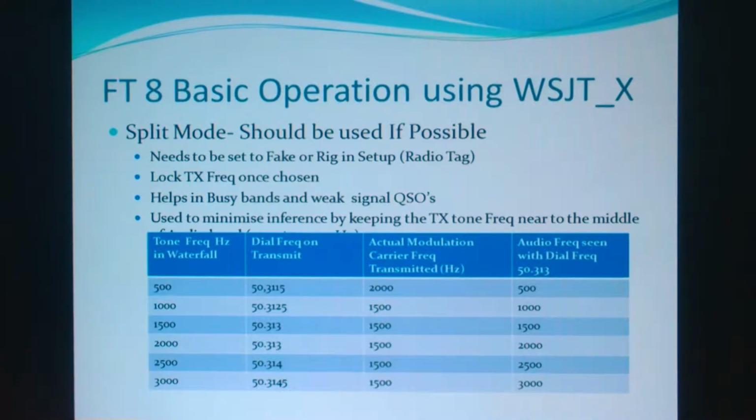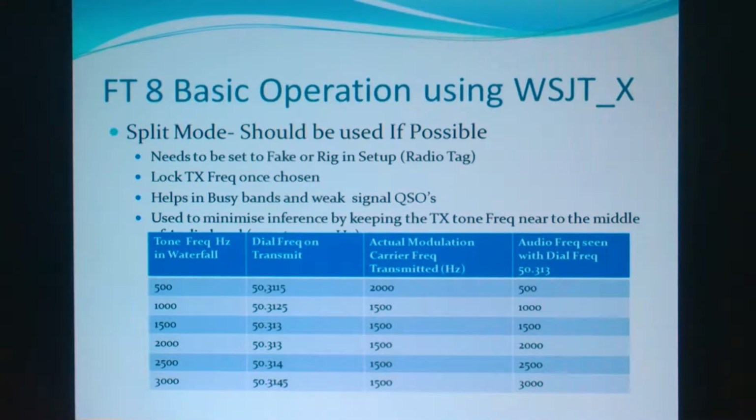It's also used to minimise interference by keeping the TX tone near to the middle of the audio frequency. So what I'm saying is, if you put your TX frequency, so you're sending an audio tone, and you're on 50.313, say you're in the middle of the audio band, here you are. This is where you've got your little red box set in the middle of your waterfall, 50.3.